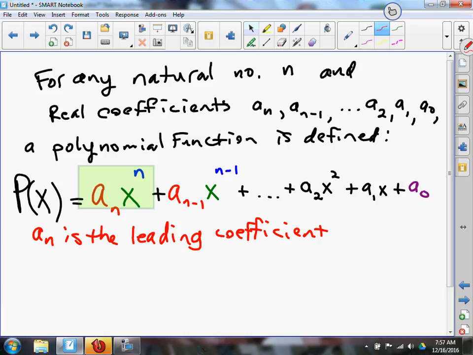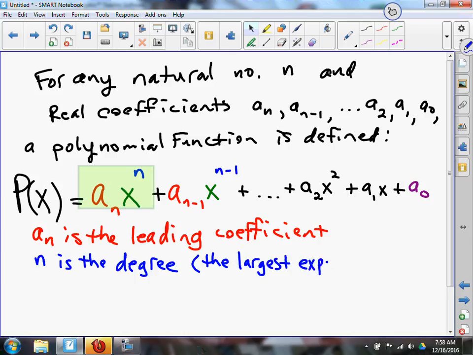We're going to be referring to that when we start talking about end behavior, but a sub n is the leading coefficient. n is the degree. And to put that in layman's terms, all n is, it's the largest exponent on the variable x.